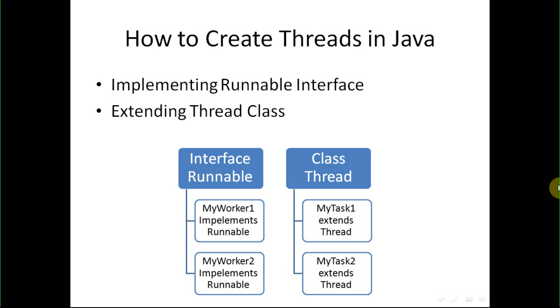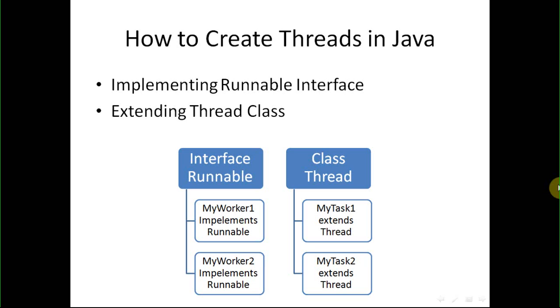The most important difference between implementing Runnable and extending Thread is that when you implement Runnable, you are actually using composition. So you compose the Runnable in a thread that we call the carrier thread. In simple words, you feed a thread with a Runnable that you have implemented.